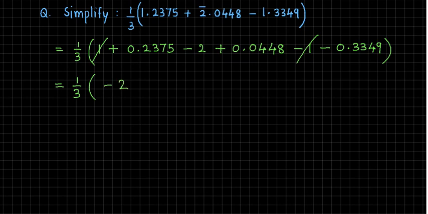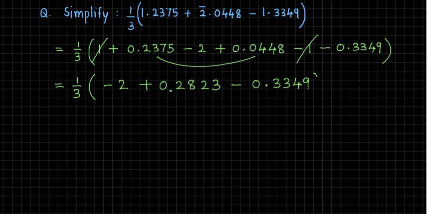Then let us club the two mantissae, that is 0.2375 plus 0.0448. So they gave us 0.2823. And lastly the remaining term is as it is, that is 0.3349.